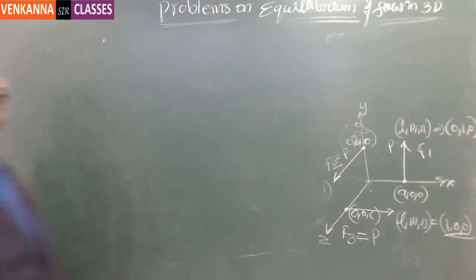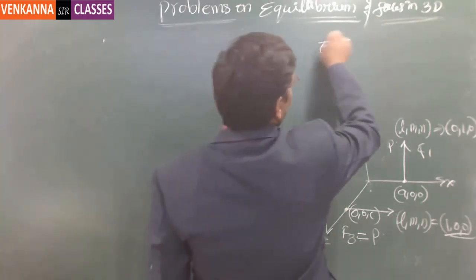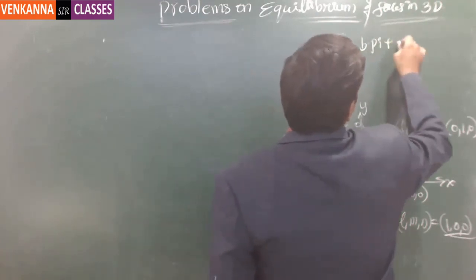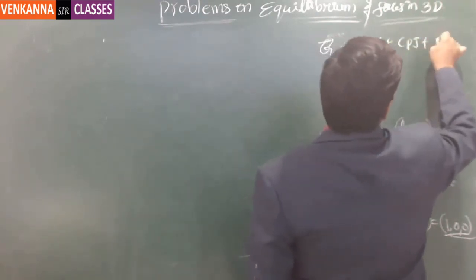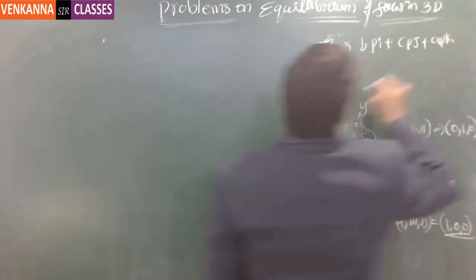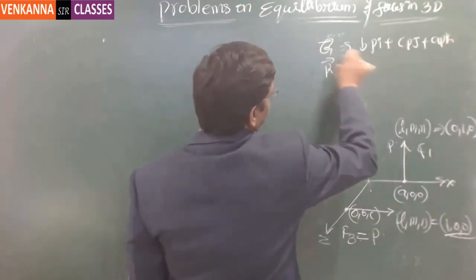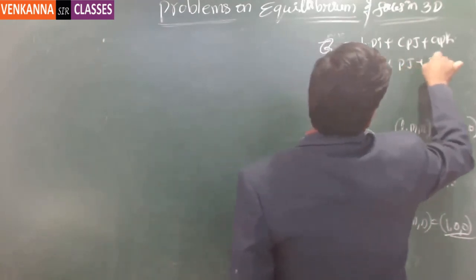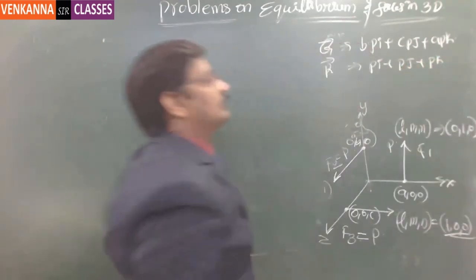So we have got G is equal to BPI plus CPJ plus APK, and R is equal to Pi plus Pj plus Pk. So these are the values we have got.